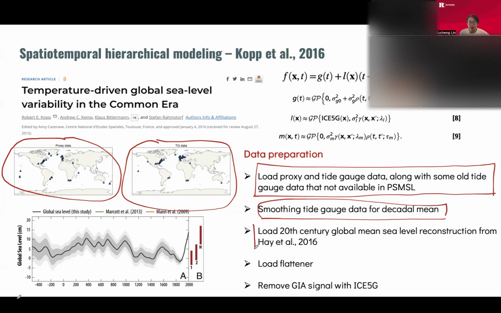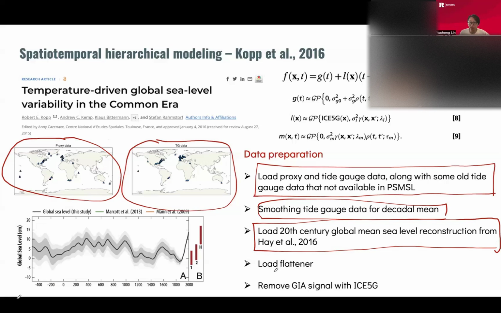And then, because there are multiple studies that reconstruct sea level change globally during the 20th century, he used the Hay et al. 2016 paper for global mean sea level reconstruction, using it as data to form the model of how much global sea level changed after the 20th century.